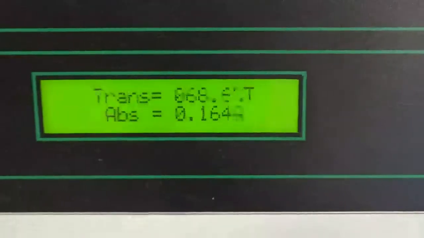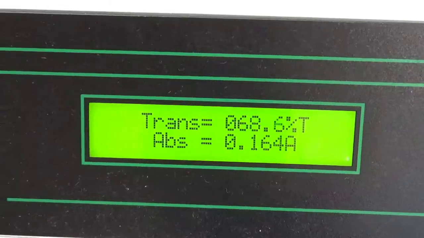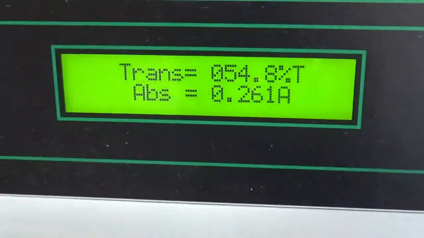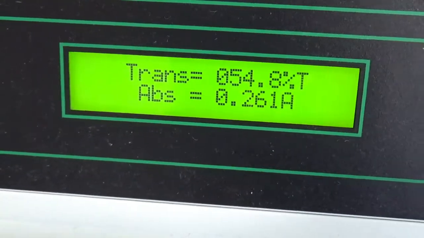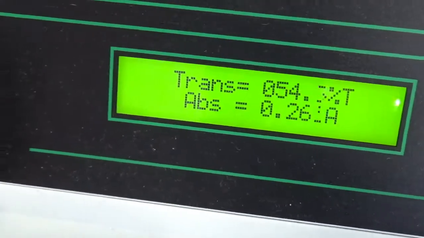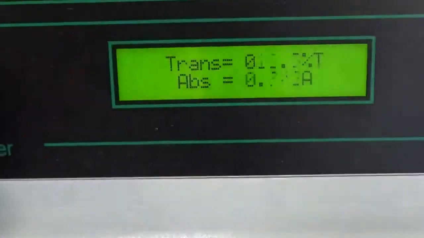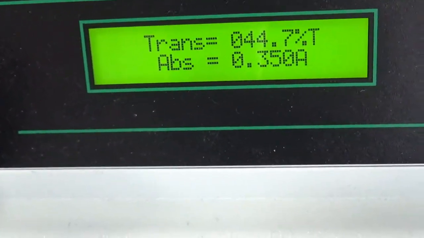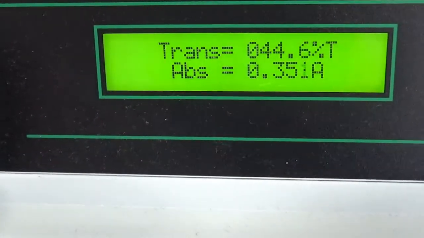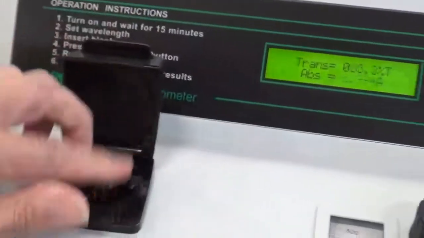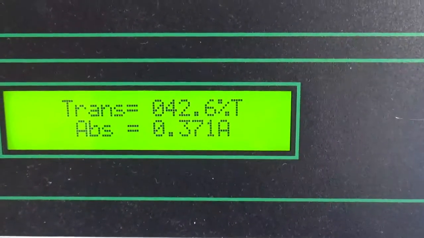So I'm going to get my sample 1. 0.164. Number 2, you should be writing this on your data sheet. 0.261. Number 3, 0.350. All right, next is solution 4. 0.370.